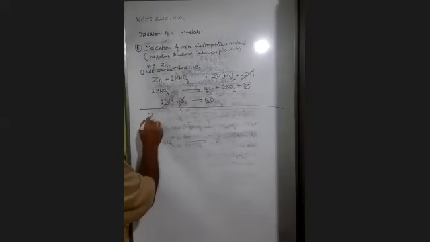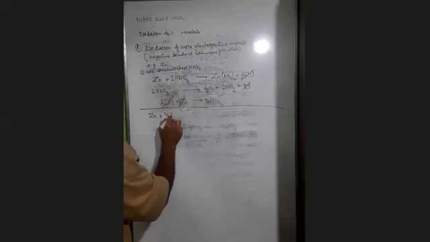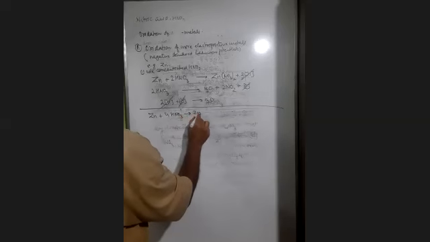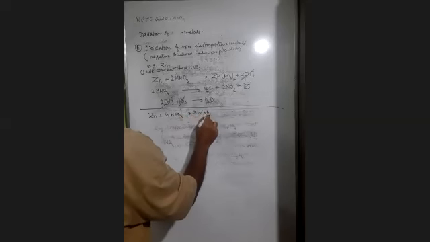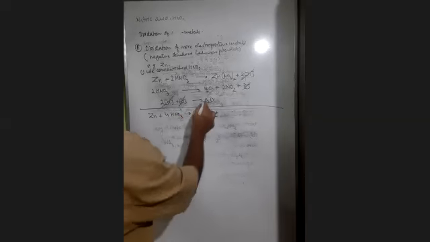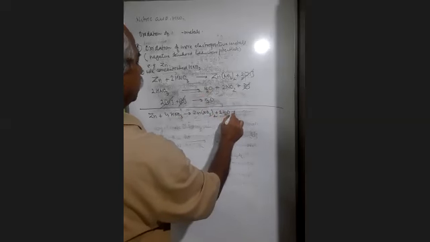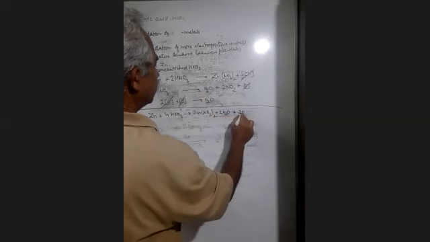So I'll write now here: zinc, 2 plus 2, 4. 4 HNO3 will give you zinc nitrate, 1 plus 1, 2, 2H2O and 2. Finish.